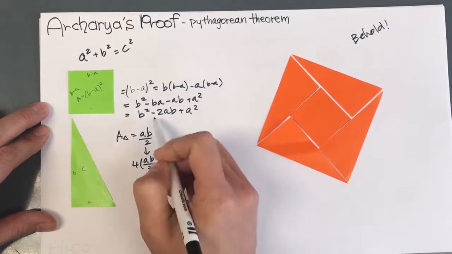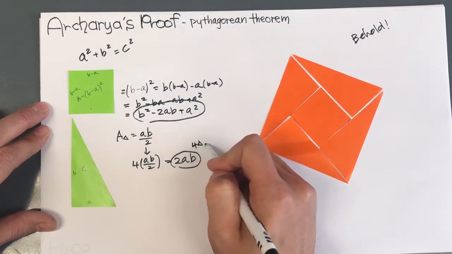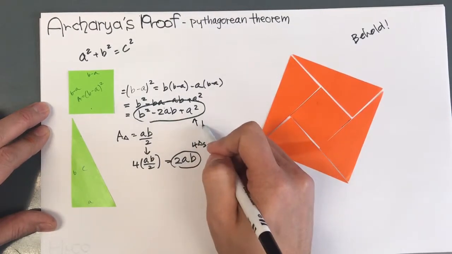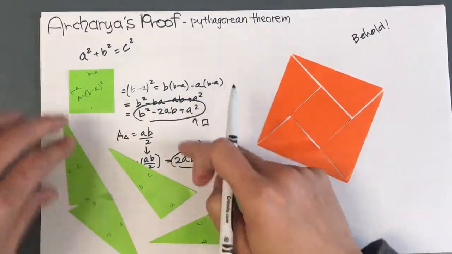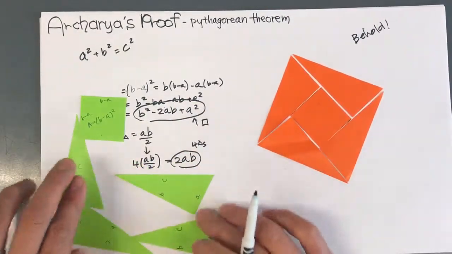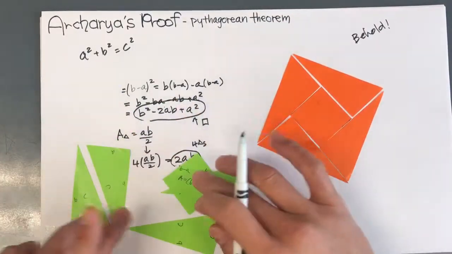So this is the area of the 4 triangles, and this is the area of the square. We have to add these two expressions to find the area of the entire figure.